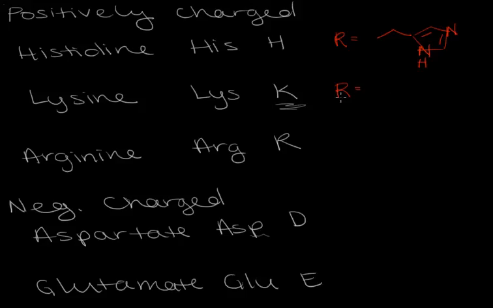Lysine. This is a long one. It's connected to the alpha carbon here, and then it has one, two, three, four, and then an NH3+. Arginine's another long one. And I hope I have enough space.